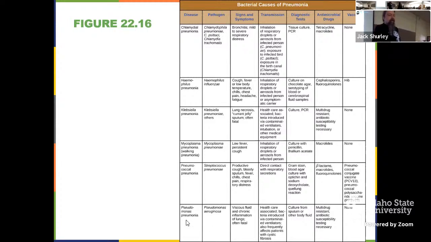And then our Pseudomonas down here at the bottom. It also, with that capsule layer, has very viscous fluid or mucus, and is another one that can be fatal. Pseudomonas and Klebsiella, both pretty drug resistant, right? Setting the stage for serious issues trying to combat them, right?